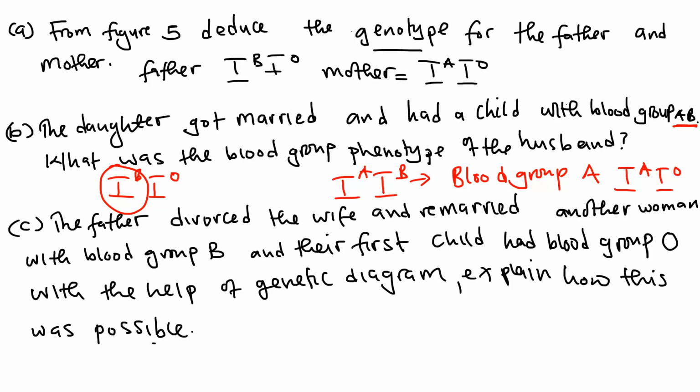Or the blood group of the father was AB, which means this A can be contributed there. So it's either blood group AB or blood group A.